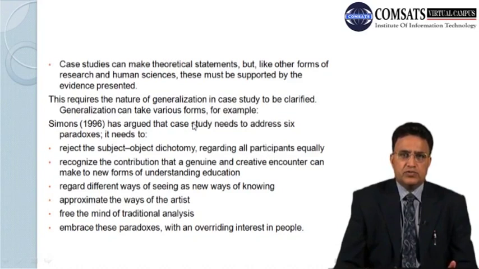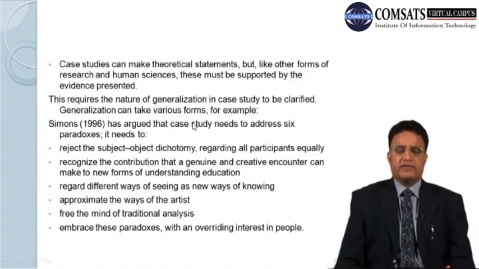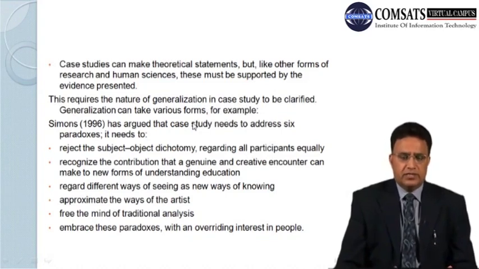It needs to do number one, reject the subject-object dichotomy, regarding all participants equally. Number two, recognize the contribution that a genuine and creative encounter can make to new forms of understanding education.